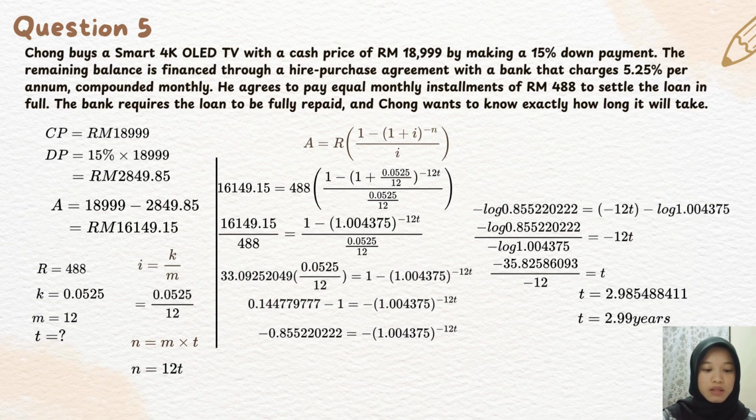16,149 ringgit and 15 cents divided by 488 ringgit equals 1 minus (1.004375) to the power of negative 12t, divided by 0.0525 divided by 12.